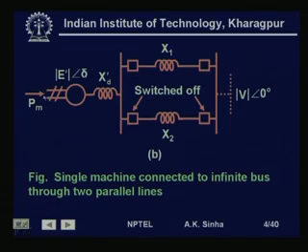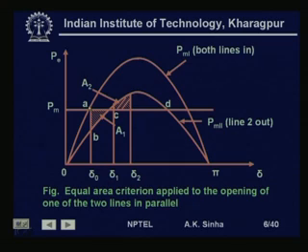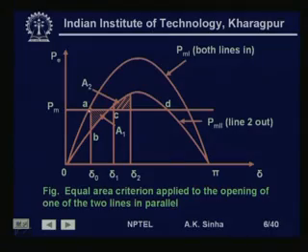So, we have P m equal to P e, and therefore the initial operating point will be this point A, where delta 0 is the angle between the internal voltage of the machine and the infinite bus. Since the infinite bus voltage is taken as 0, delta 0 is the power angle of the synchronous machine.